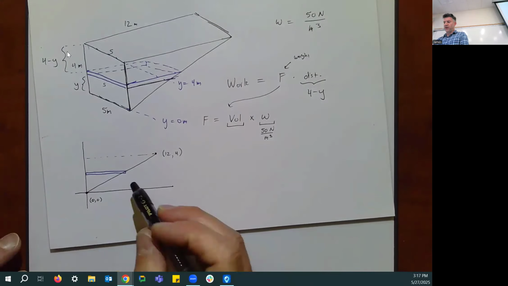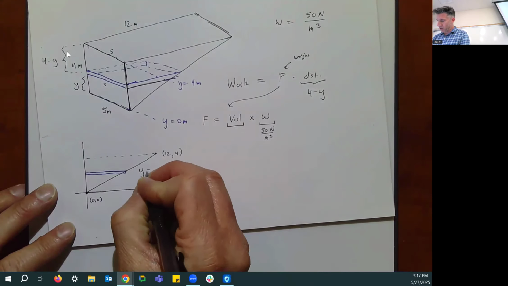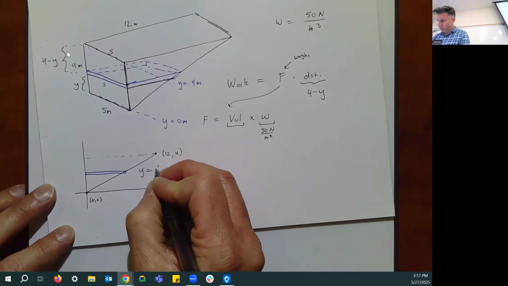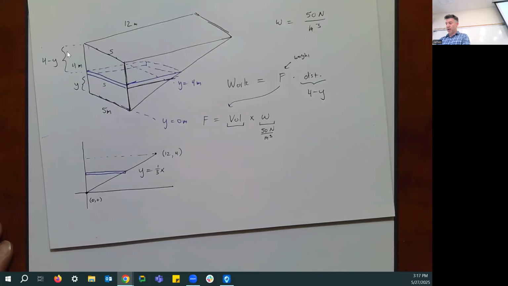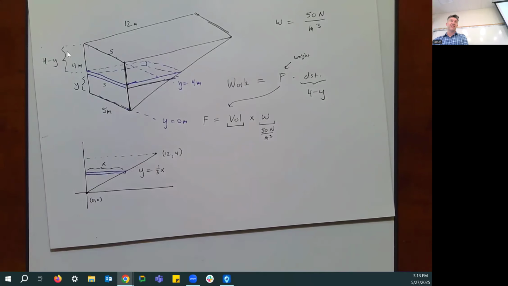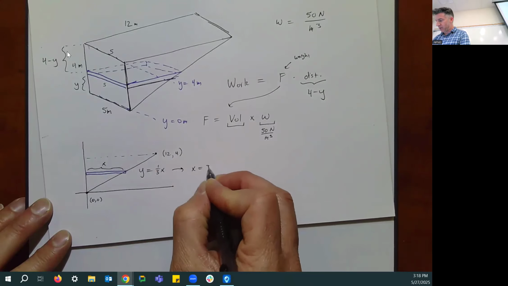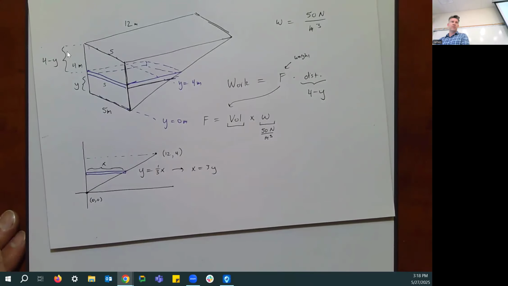Okay, so let's find the equation of this line. My slope is 4 over 12. So my equation of my line is y equal to 4 over 12, or 1 over 3 times x. But I want to find out how long it is, which is how much horizontal distance it has. So really I should be saying that x is equal to 3 times y, which seems reasonable, right?